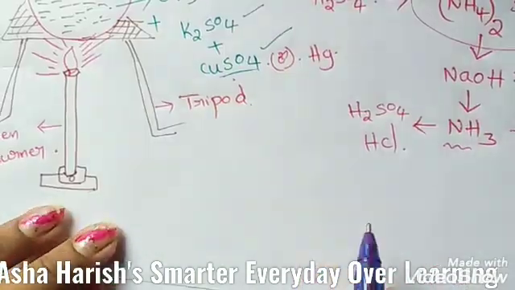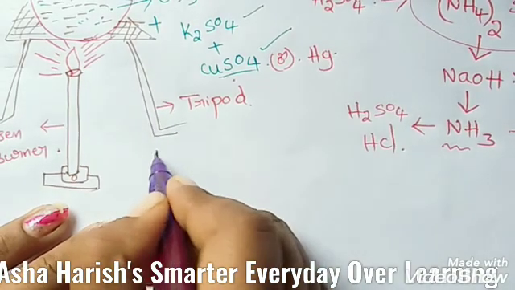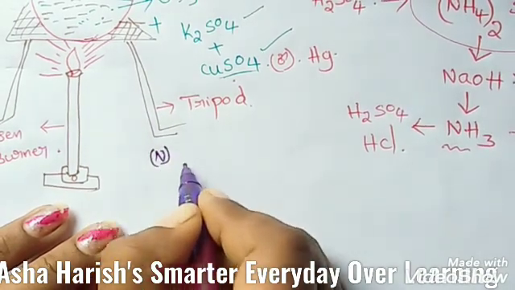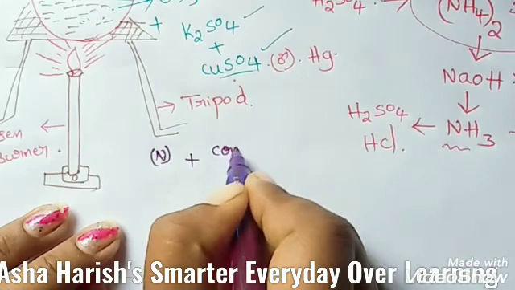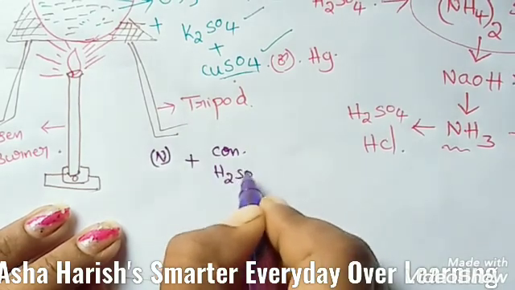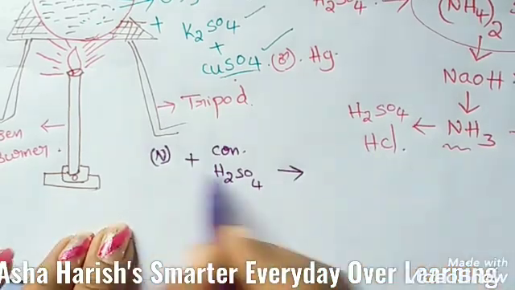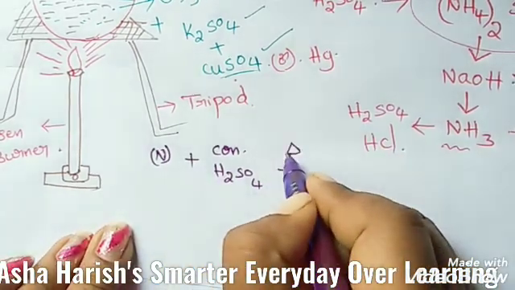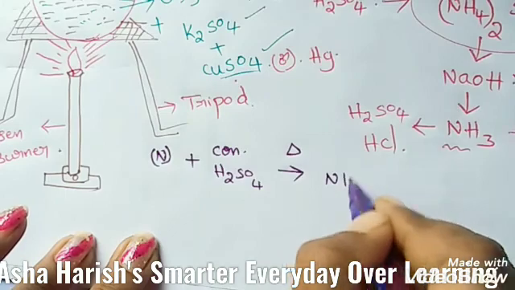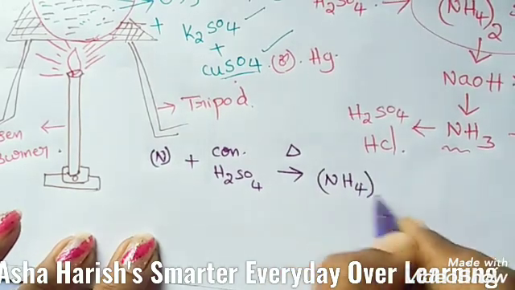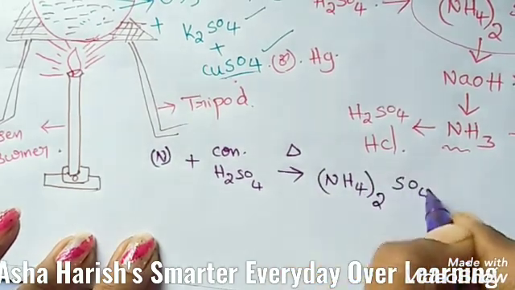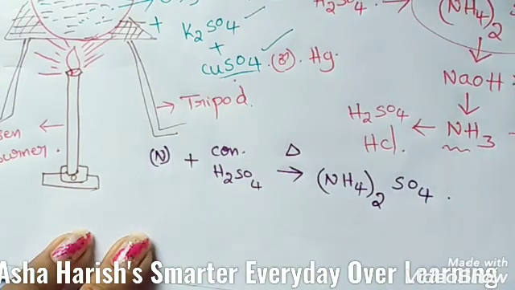Now you can see clearly the chemical equations for this. The nitrogen from the organic compound can be treated with concentrated H2SO4, and while heating, these two react with each other, and (NH4)2SO4 should come. This is the ammonium sulfate.